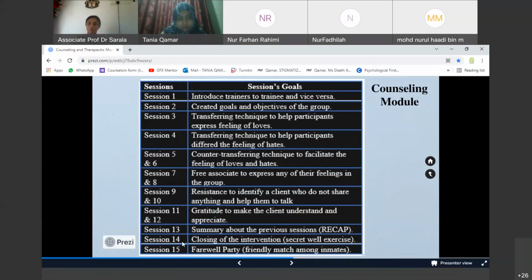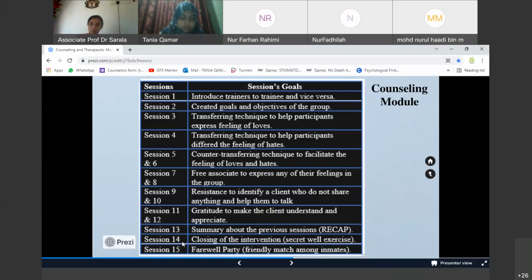In session 2, we create goals and objectives of the group. In session 3, transferring techniques to help participants express feelings of love. In session 4, transferring technique to help participants express feelings of hate. Then we use counter transferring technique in sessions 5 and 6 to facilitate the feelings of love and hate. In sessions 7 and 8, free association to express any of their feelings in the group.